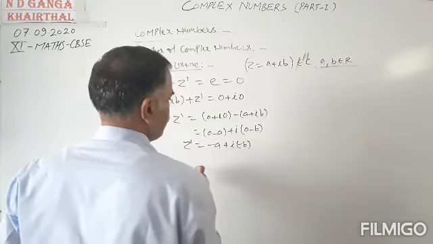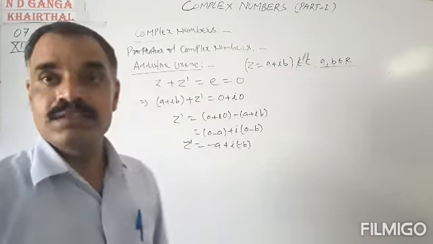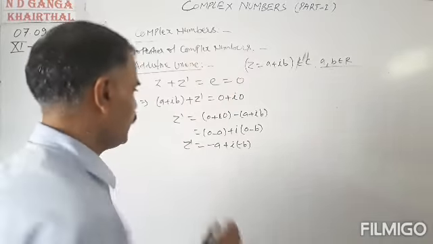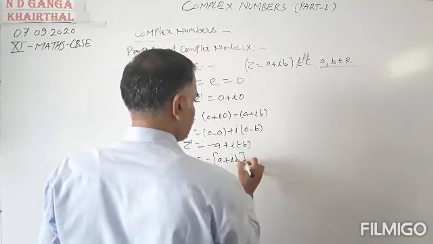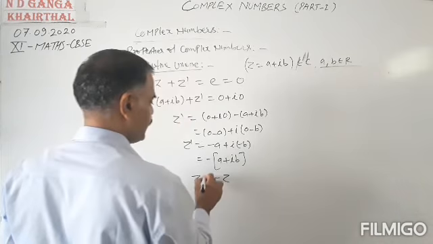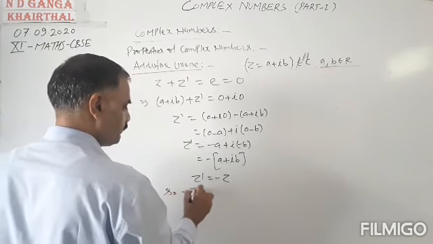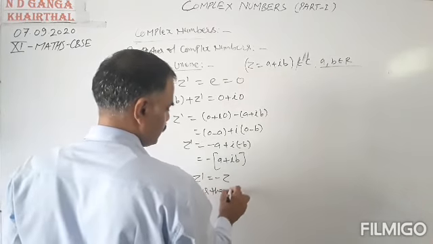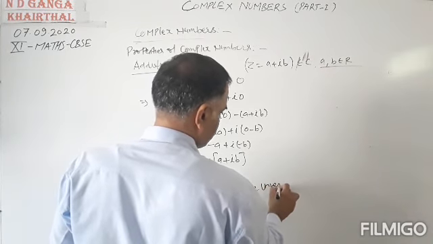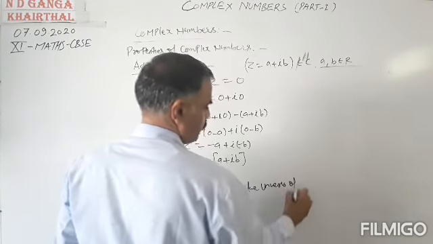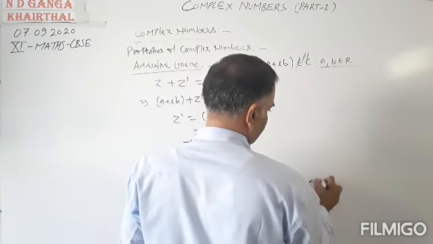After taking minus as common, we have z dash equals minus of a plus iota b, that is minus z. So minus z is the additive inverse of the complex number z, where z belongs to C.